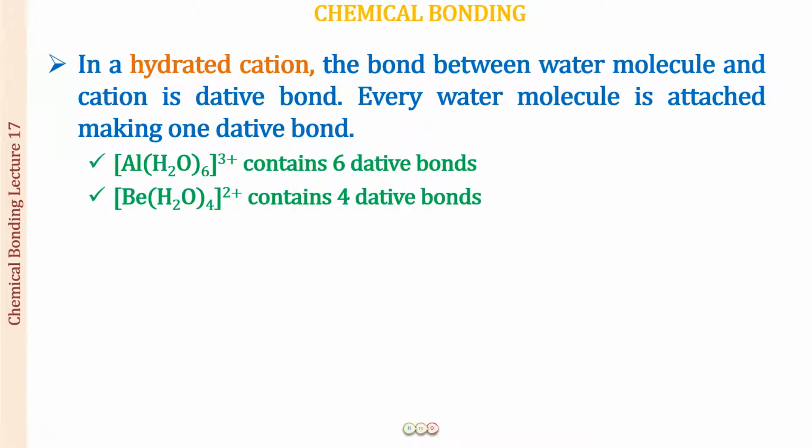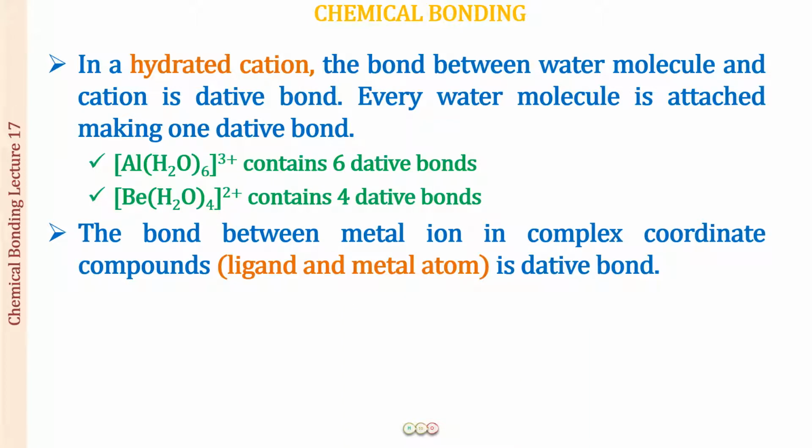Now, the next example of a dative bond is the bond between the ligand and the metal atom in case of complex coordinate compounds. Well, this is something that you will be studying more in class 12. But just to give you an example, here you can see in this square bracket, what you have over here is [Cu(NH3)4] sulfate.